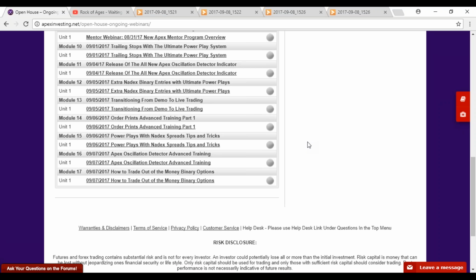Advanced trainings, trading spreads, binaries, the new oscillating indicator. Take this weekend to catch up, rewatch anything, and do some back testing on the stuff we've overloaded you with this week. There is no way anybody fully absorbed everything from this week and has it down and ready to go on and get more. But we're going to keep giving you more. Go through and check them out.